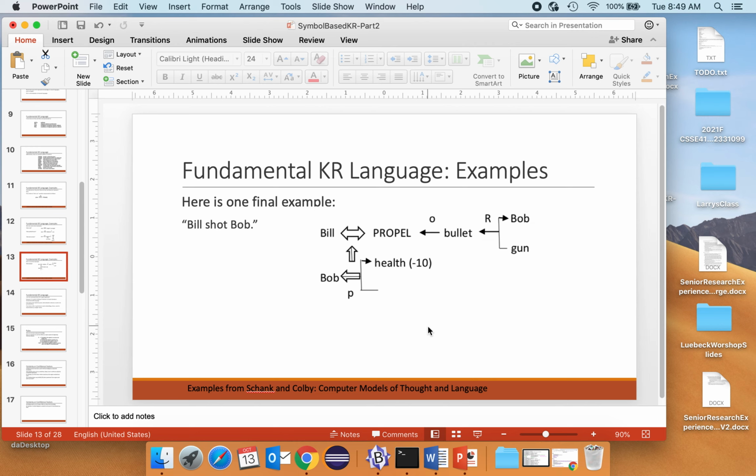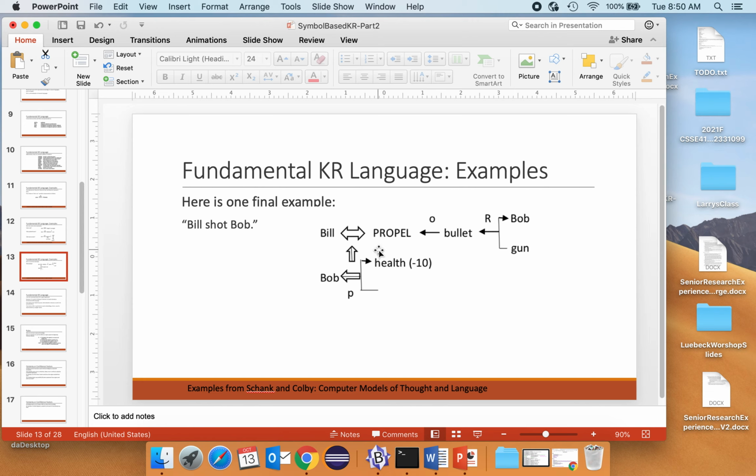But here's the one that I always thought is sort of like a good example of why the system might not work that well. So Bill shot Bob. So what happened over here? So something got propelled by Bill, and what got propelled is a bullet. And the bullet came from a gun, and the gun was directed at Bob.